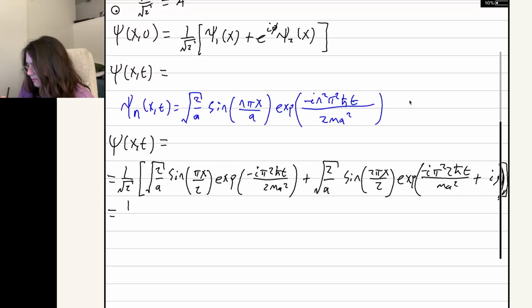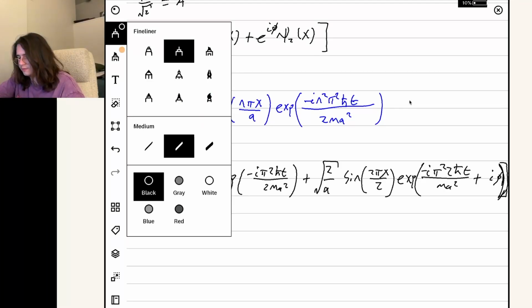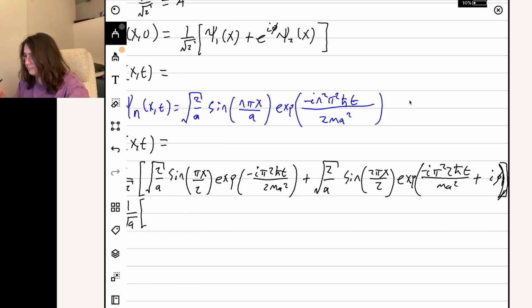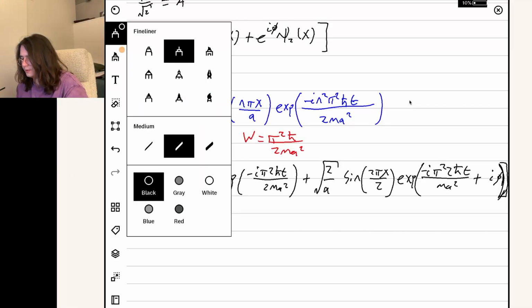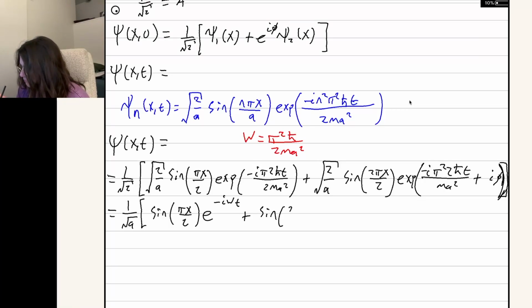Simplifying, we can write it as 1 over root a, and then using the frequency that Griffiths gave us in the last problem, which was omega equals pi squared h bar over 2ma squared, we can rewrite this stuff as sine pi x over a e to the minus i omega t plus sine 2 pi x over a.